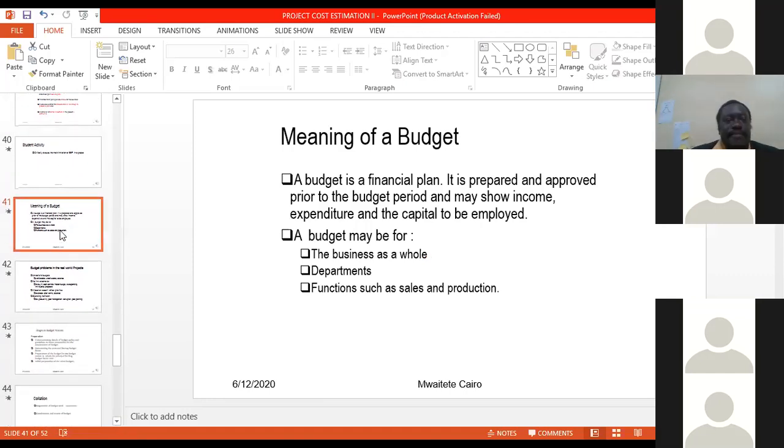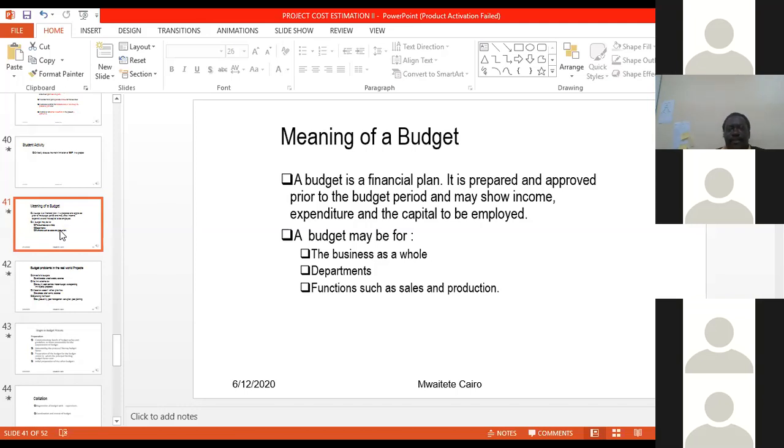So a budget. If you have done properly your cost estimates, you can plan a budget for 50 years to come. But you need to use a formula. You can plan a budget 20 years to come in a project. You can plan a budget 5 years to come.